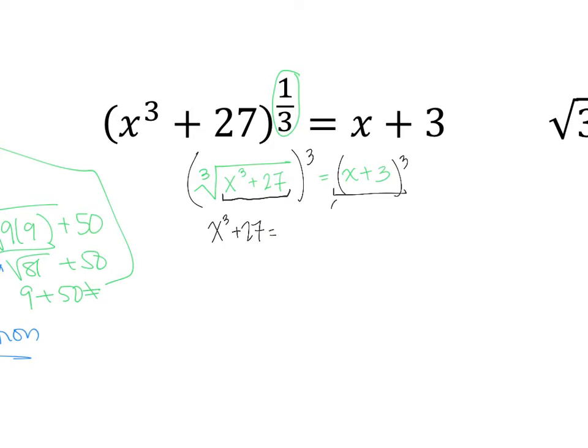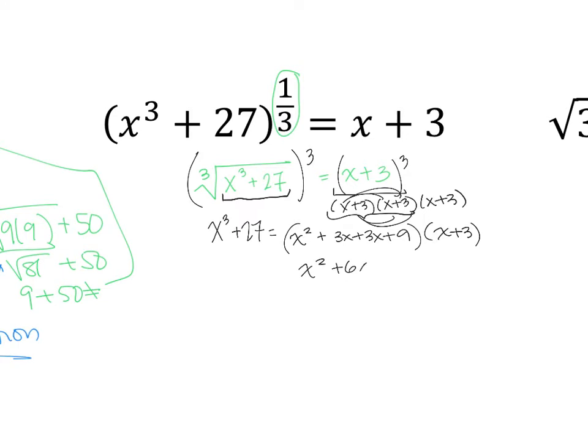Now over here, x plus 3 cubed is x plus 3 times x plus 3 times x plus 3. That's going to take a little bit of work, but the first part here, distribute, will end up being x squared plus, we'll get a 3x plus another 3x plus 9, and then we'll have to distribute that. Well, this is actually x squared plus 6x plus 9 times the x plus 3.